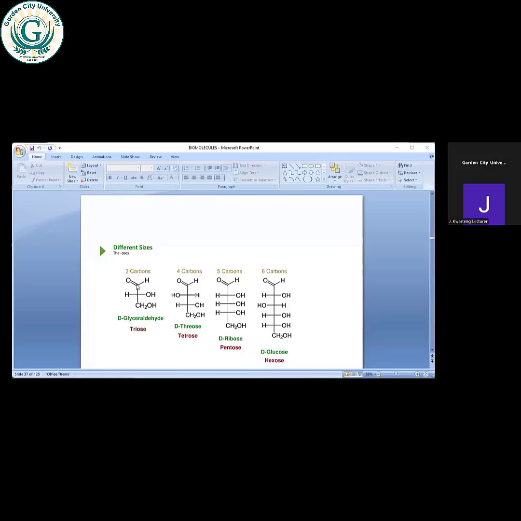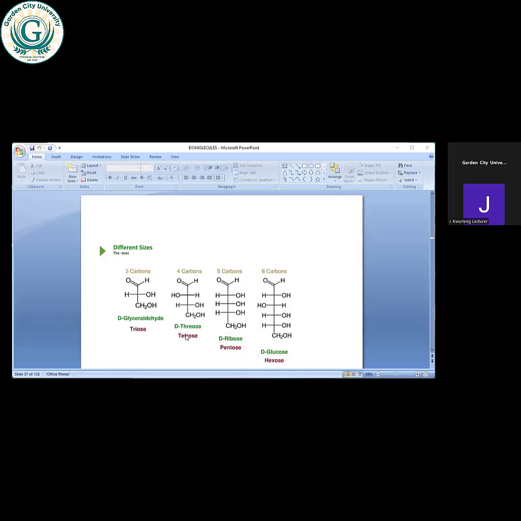So if it has 3 carbons, carbon number 1, number 2, and number 3, then it's a triose. An example is glyceraldehyde. There's another one called dihydroxyacetone, DHA. Dihydroxyacetone, and then you have glyceraldehyde.